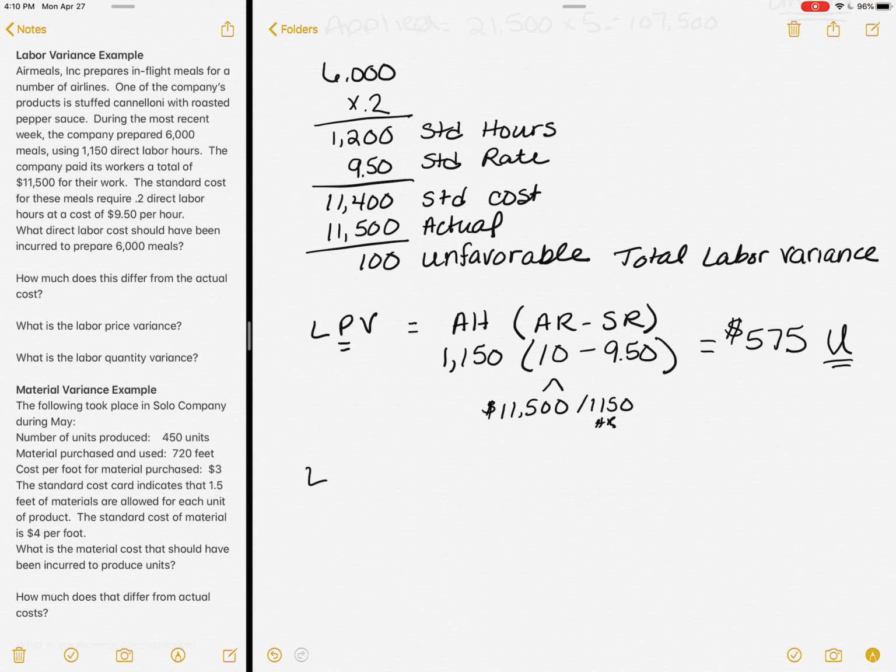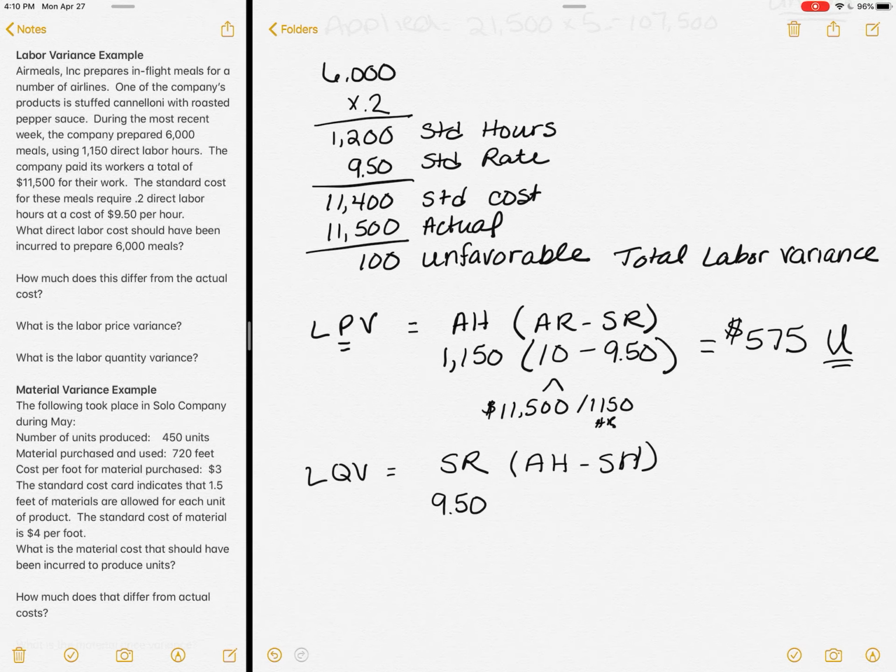Now let's look at that labor quantity variance. When I talk about labor quantity, I'm really talking about hours. So I'm going to compare those hours, actual hours minus standard hours, and I'm going to take that and multiply it by my standard rate to find out what my variance is. I already know my standard rate is $9.50.